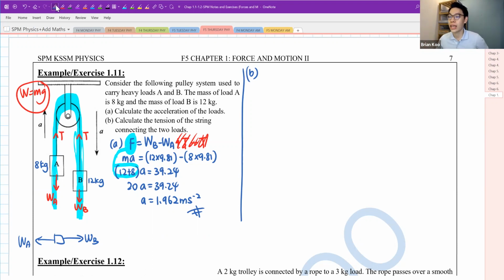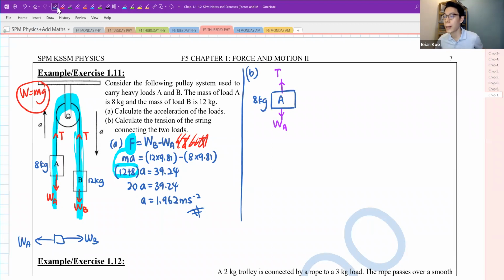Part B, calculate the tension of the string. Now I need to look at it one system at a time. Sorry, one object at a time. Block A is 8 kg. Let's label all the forces. You want to do for block B also can. Okay, label all the forces as well as the acceleration.